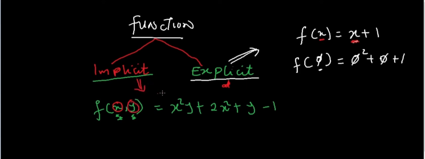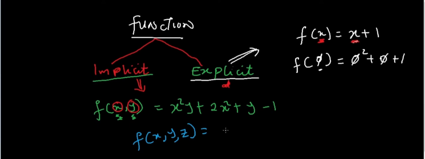So the major difference here is explicit is just a single variable, while implicit is more than one variable. I can even have something like this. It depends on the examiner actually. I can have something like f of x, y, z. What does this mean? It means that I'm going to be having variables that are x, y, z. You can't expect me to have w in this kind of function.